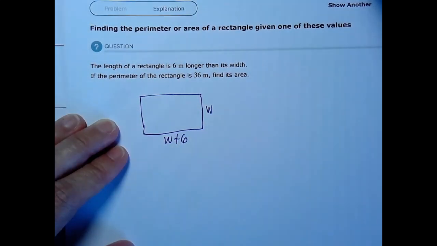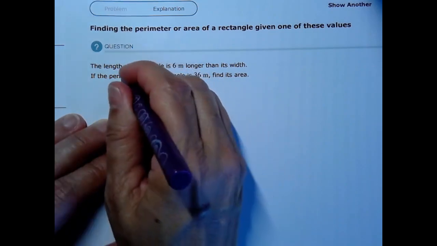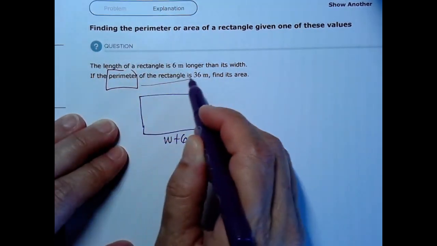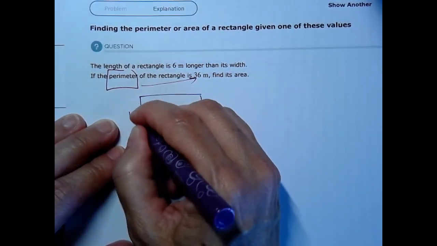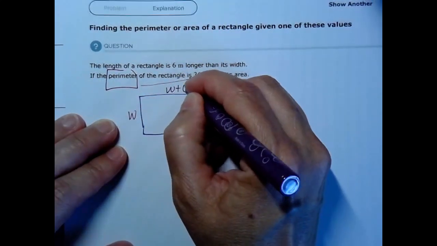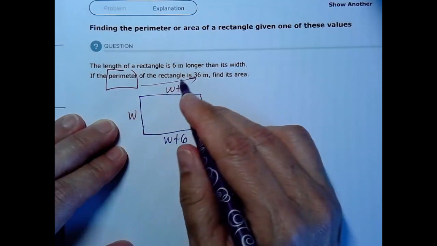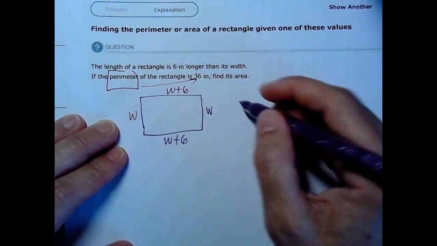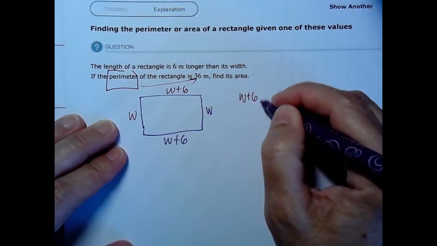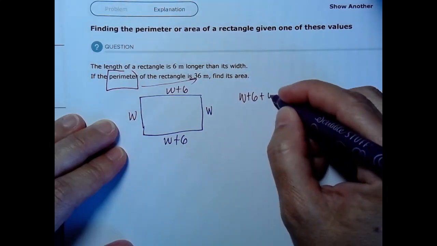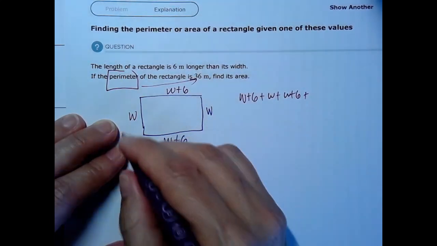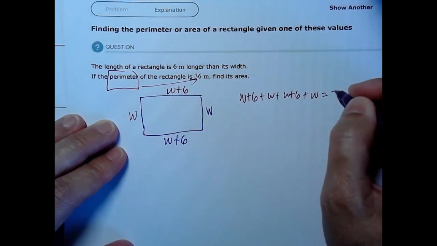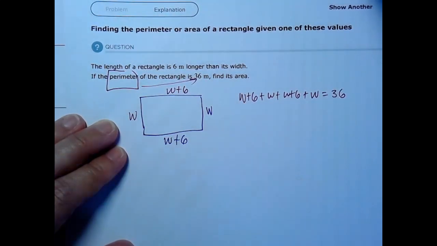This problem tells me the perimeter is 36, and I know perimeter is going around, so I need all of the sides, and the total of all those sides will be 36. So W plus 6 plus W plus W plus 6 plus W, going all the way around, is equal to 36.